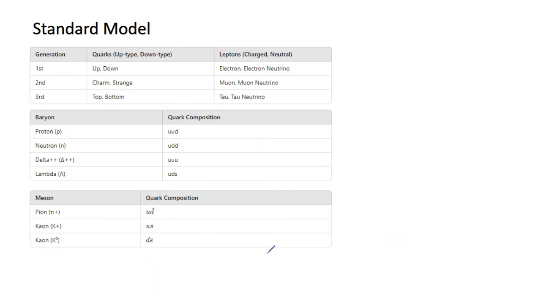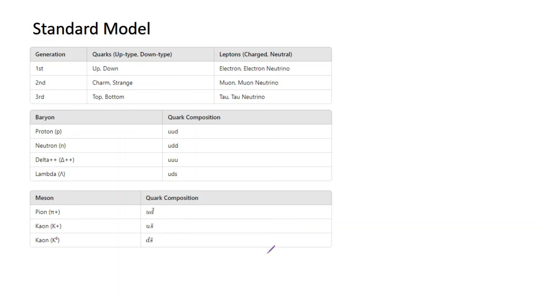Now let's move on to the standard model. So the standard model actually follows the symmetry. There are 12 fundamental particles. We also call them the building blocks or elementary particles, categorized into groups of quarks and leptons. And these are also organized in generations.